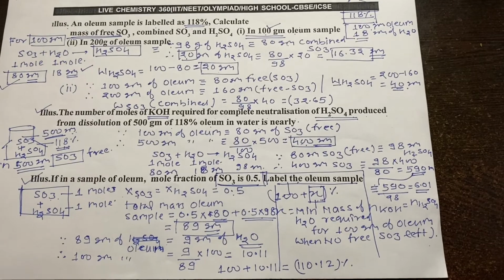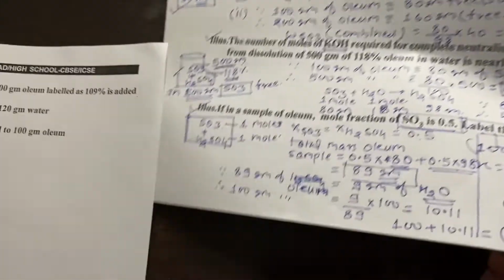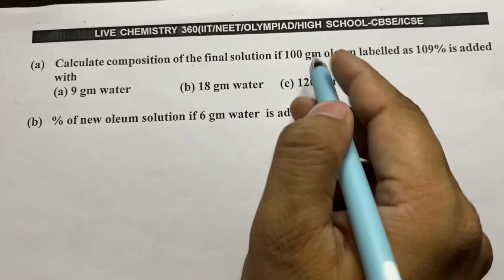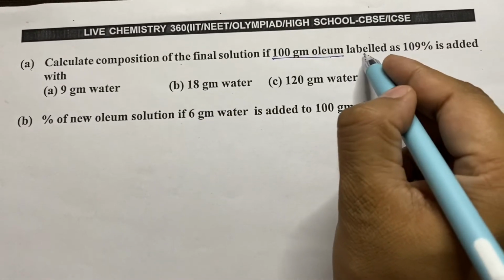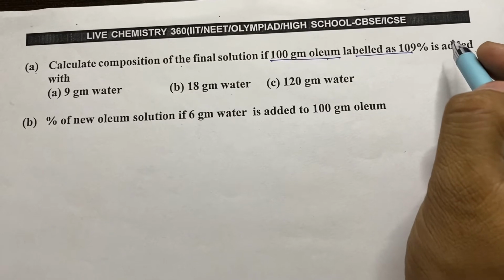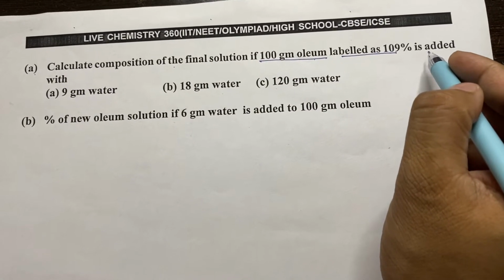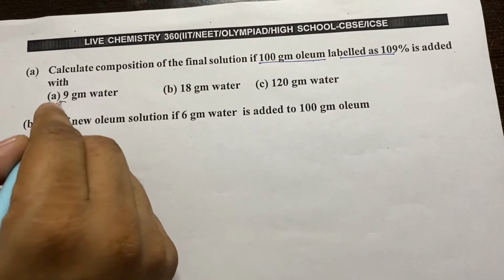Let's take one more example: calculate the composition of the final solution if 100 gram of oleum labeled as 109% is added with 9 gram of water.